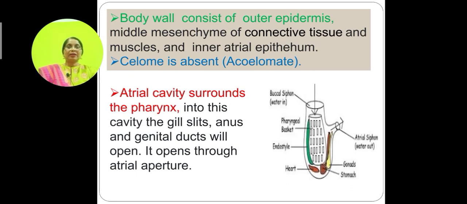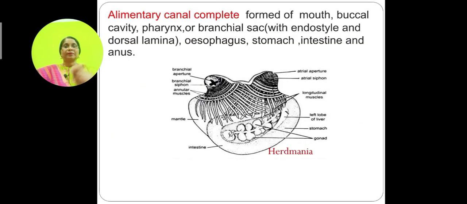You can see in the diagram the buccal siphon, then the pharyngeal basket showing the gill slits. There is presence of endostyle, heart, stomach, gonad, and this aperture is named the atrial siphon.